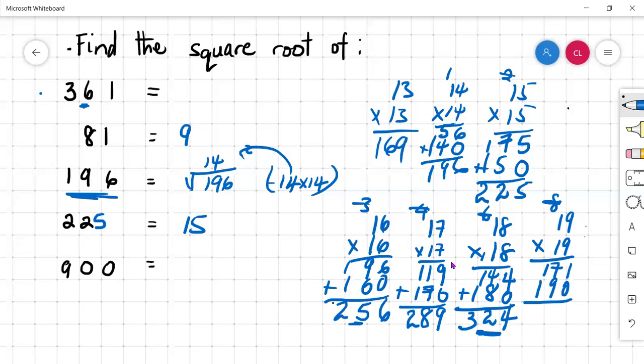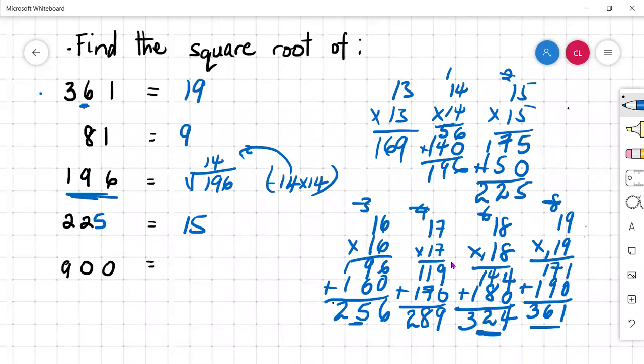Let's add these. 0 and 1 would give me 1. 9 and 7 would give me 16, right? 6 and carry 1. And 1, 2, and 3, 361. So that means then the square root of 361 is 19. Very good, very, very good.